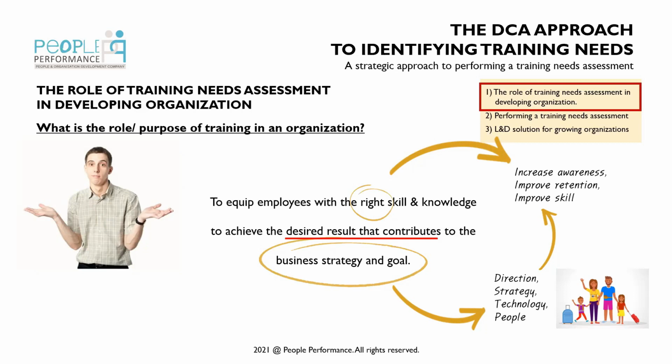Improve retention. If your organization, for example, says, Isaac, the cost of hiring is too high because it takes about 8 months for a person to finally settle in my company. And therefore, it makes more sense to retain people than to hire new people. And therefore, part of the strategy will be to use training in terms of creating a sense of satisfaction, getting them to do what they want.